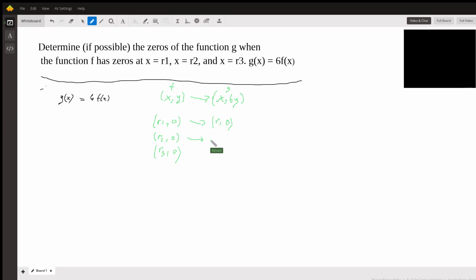And so you're going to get the same zeros here on g as you did on f. So those are the zeros of g.